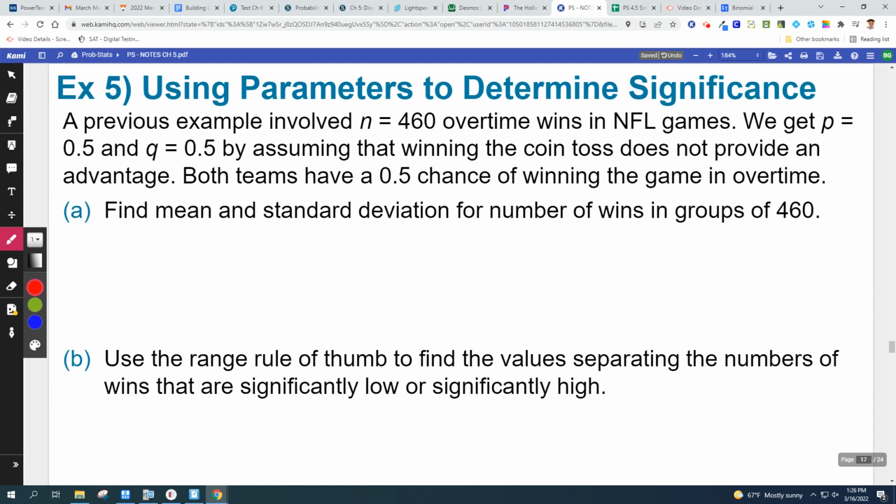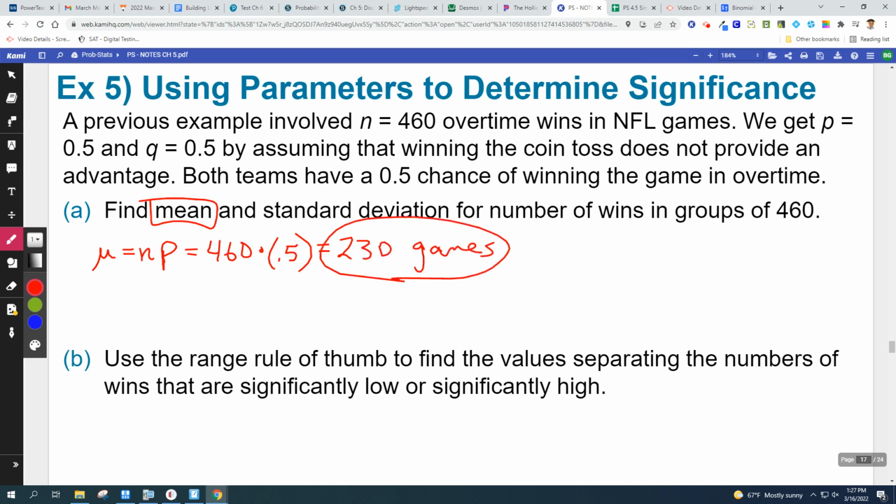Number 5, talking about the NFL games, and it's the same numbers pretty much, 460 overtime, probability was 0.5. It says find the mean and standard deviation. Well, we've got a formula for mean. Mean is n times p. So in this case, n is 460, and the probability was 0.5. So when we multiply, that's 230, or 230 games.